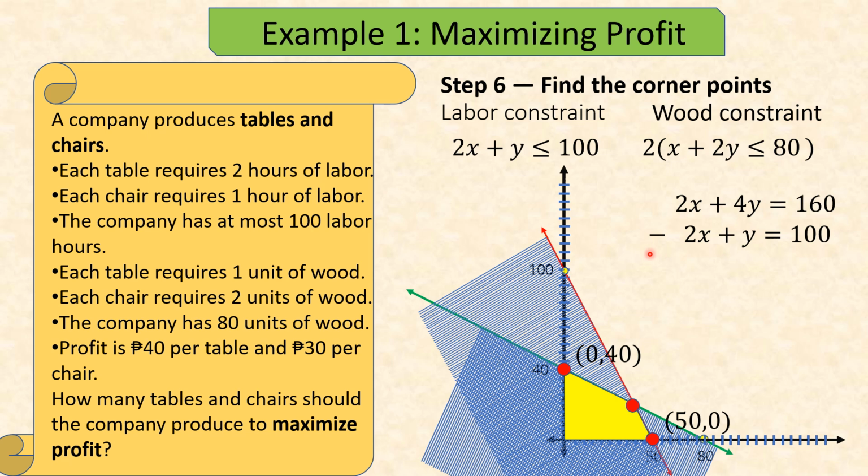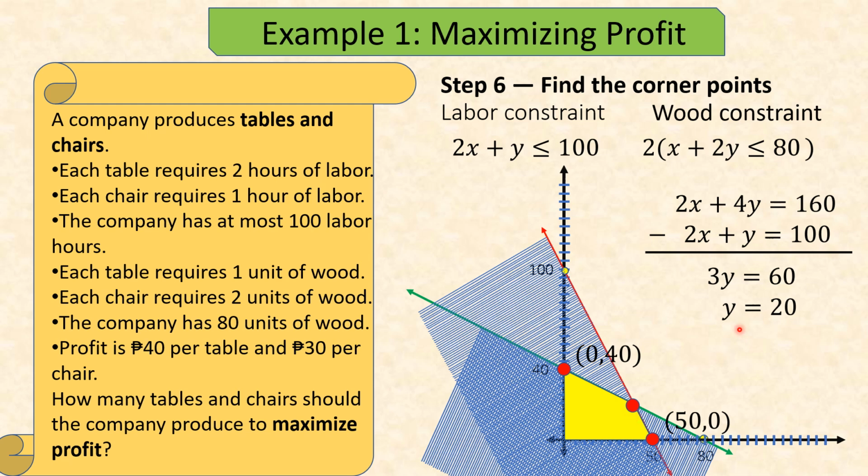Then we subtract. 2x minus 2x is 0, so they will be cancelled out. Then 4y minus y is 3y, and 160 minus 100 is 60. So you have 3y equals 60. Since we're looking for the value of y, we divide both sides by 3. So it will become y equals 20. So this is the value of our y at this point.